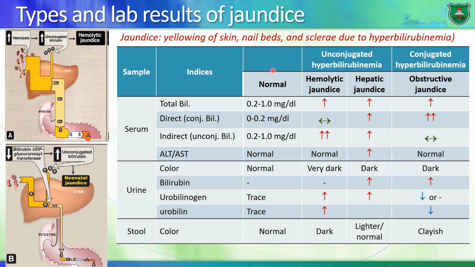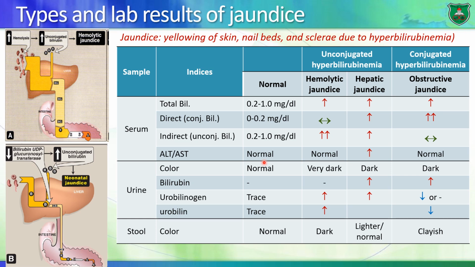So with hemolytic jaundice there is increased bilirubin in serum and increased unconjugated bilirubin as well. But the amount of conjugated bilirubin would stay normal because little conjugated bilirubin would leak out, and all of it would go into the intestines.